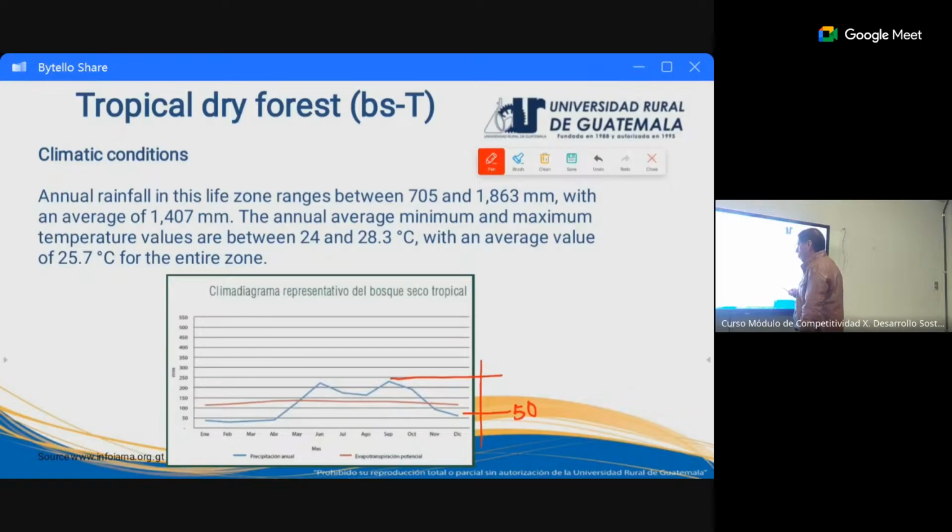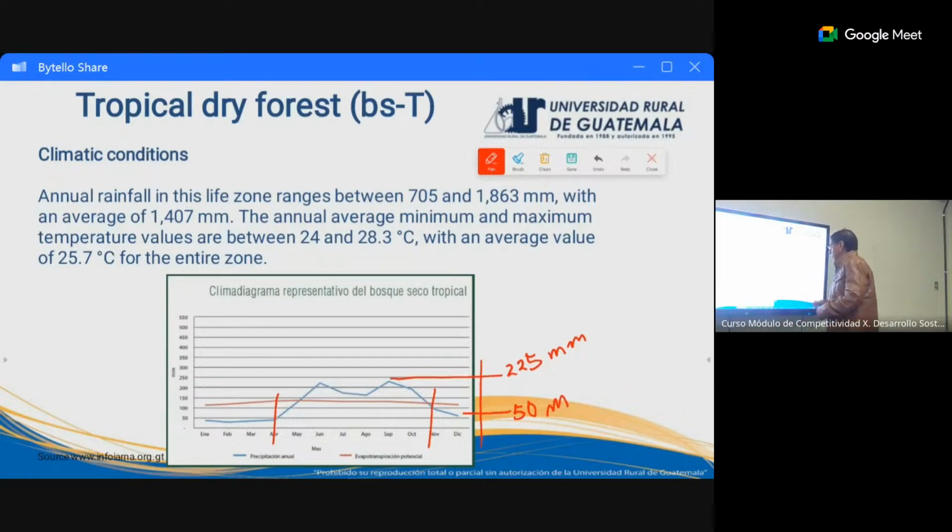And on top, we have like, let's say, 225 millimeters. We're talking about rainfall here, and we're talking also about the months of April to November.